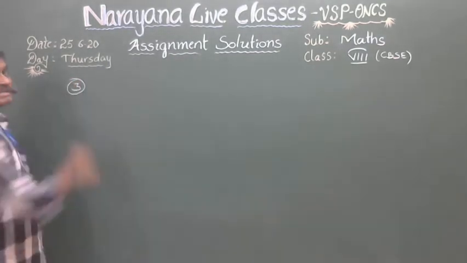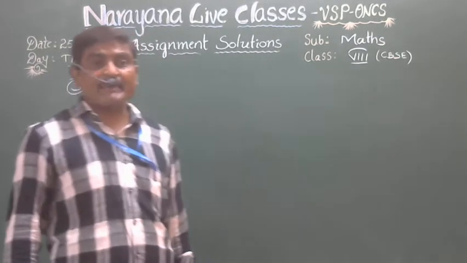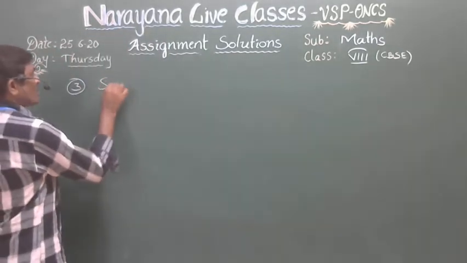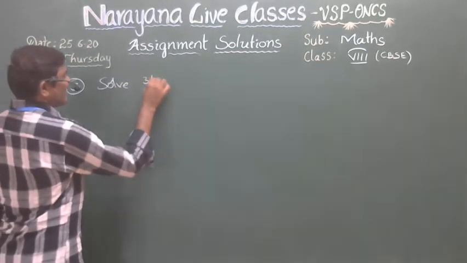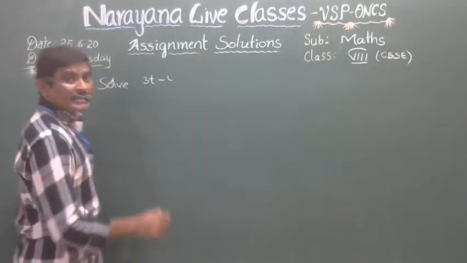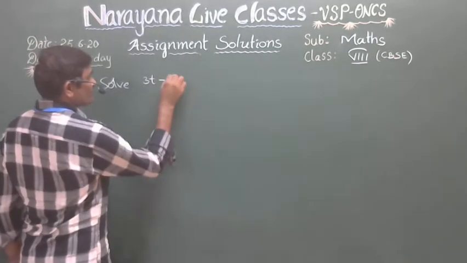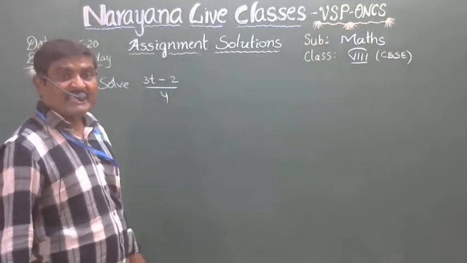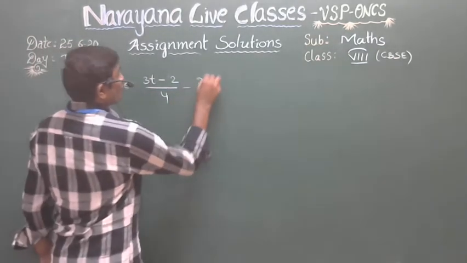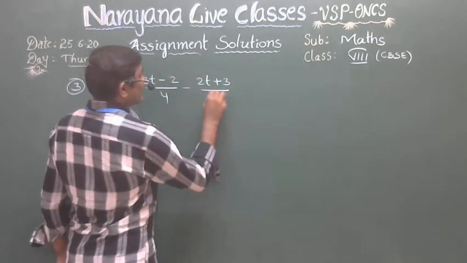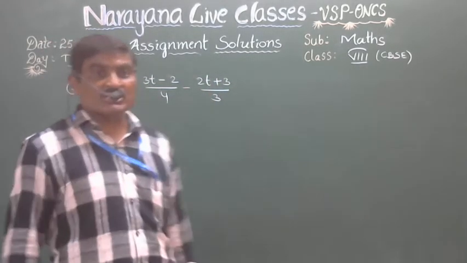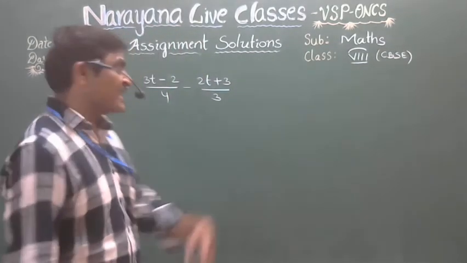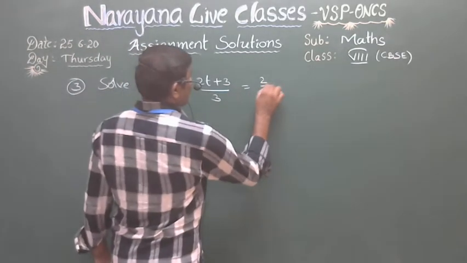Now the third question is: solve (3t minus 2)/4 minus (2t plus 3)/3 is equal to 2/3 minus t.